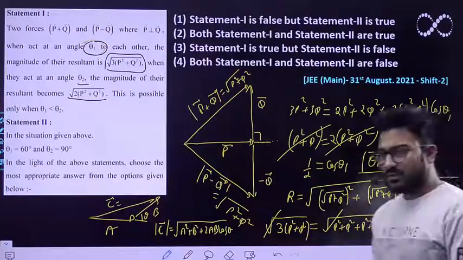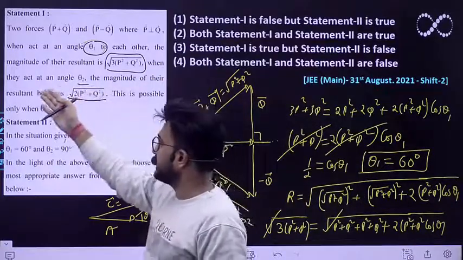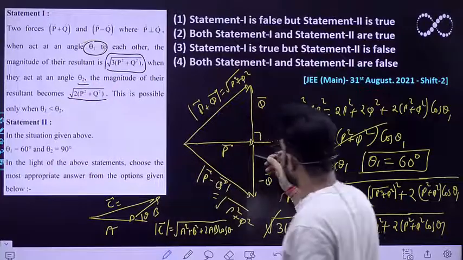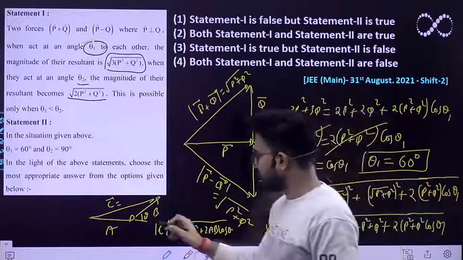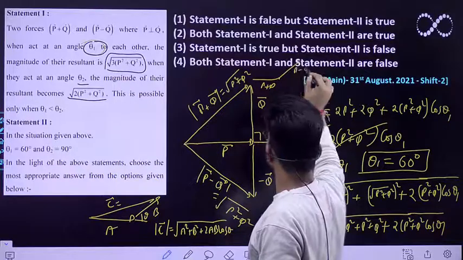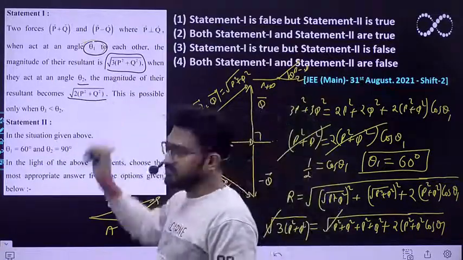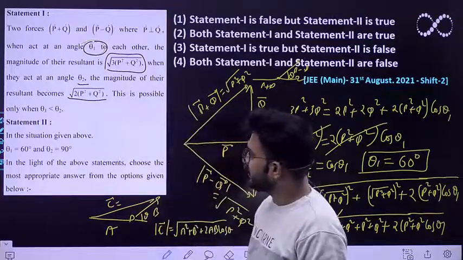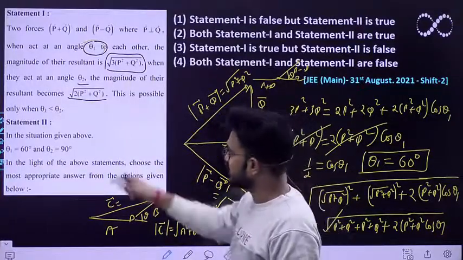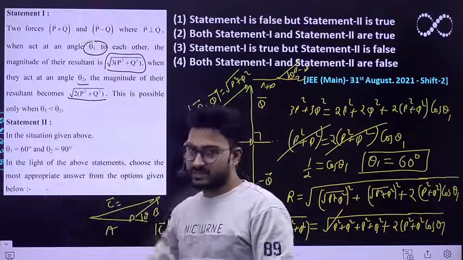Okay, and the second statement states when they are acted at an angle of theta 2, when the angle between P plus Q and P minus Q becomes theta 2, the magnitude becomes now this much. Again, you can easily calculate the same by putting the same values. So this is possible only when theta 2 is greater than theta 1.